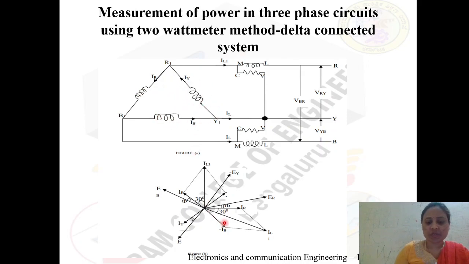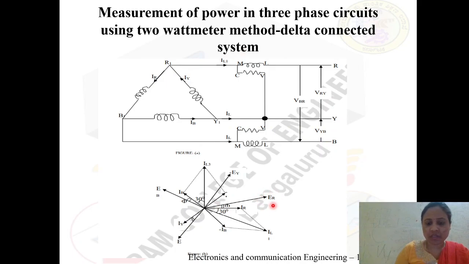Again, assuming the coils we are using for the load are of inductive type, the current lags the voltage by an angle phi. We can also say the voltage leads the current by an angle phi. So we can draw the vectors for the phase voltages.